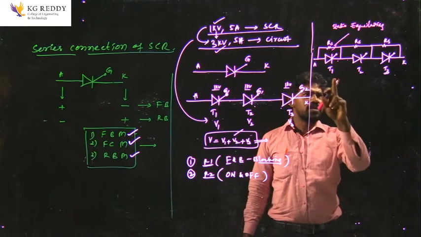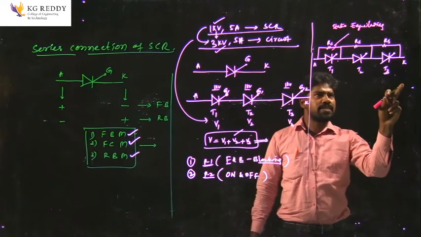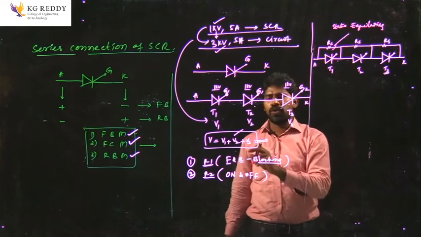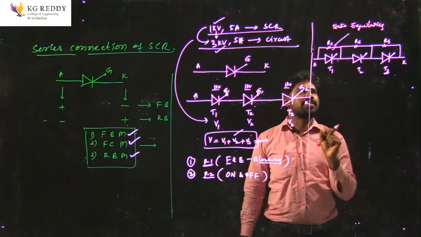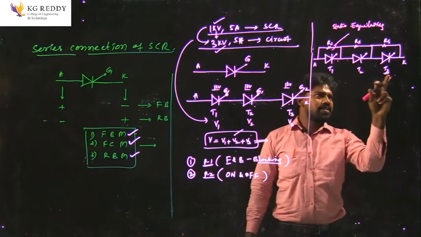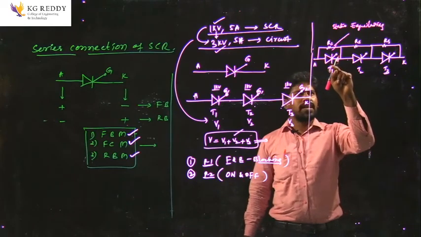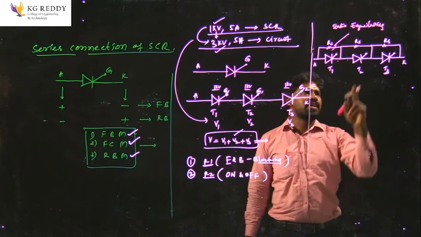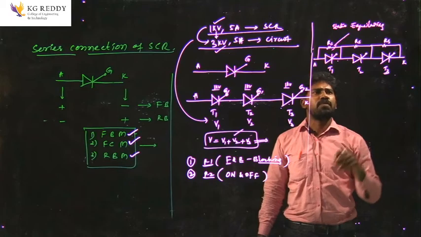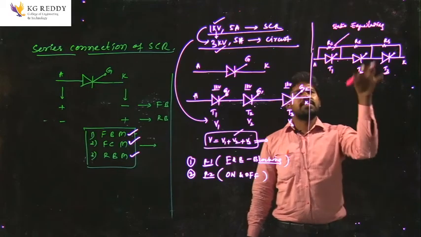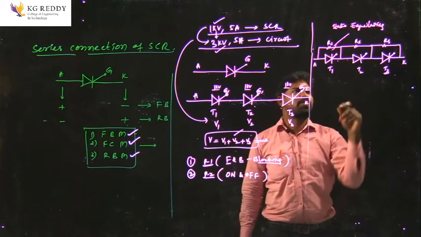Because all of these are connected in series, we face this overloading problem while connecting the SCRs in series. Once T1 is triggered, the remaining T2 or T3 may be damaged by overloading.